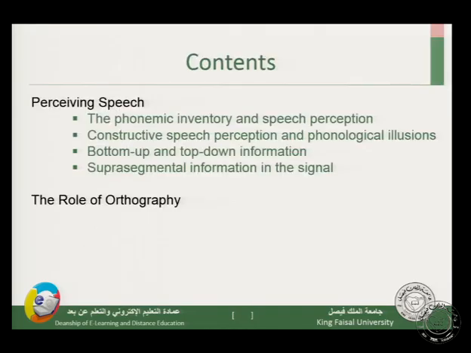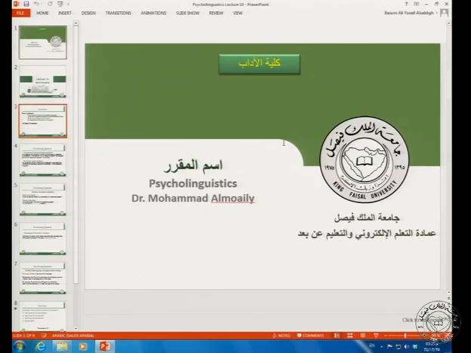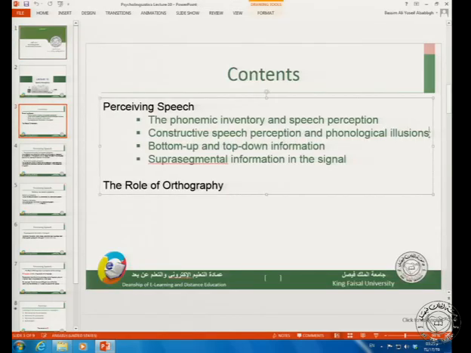The contents of today's lecture are: first, perceiving speech, the phonemic inventory and speech perception, constructive speech perception and phonological illusions. Again, we are not going to discuss phonological illusions, so I'm going to correct this.